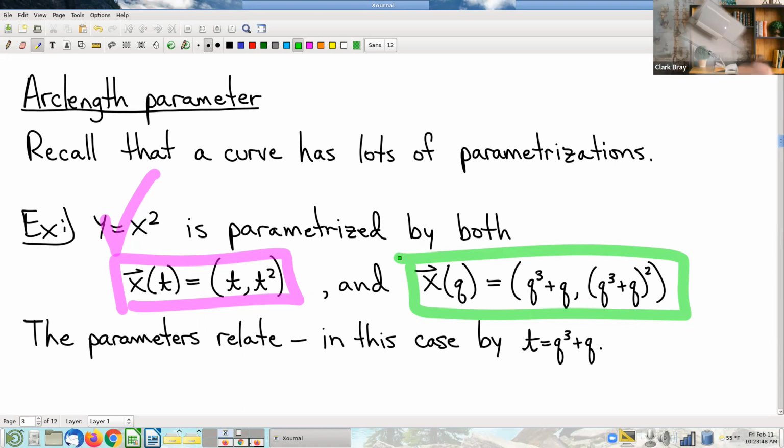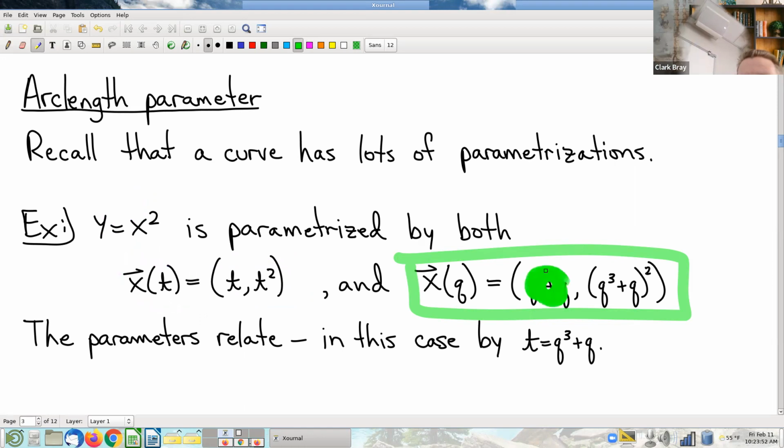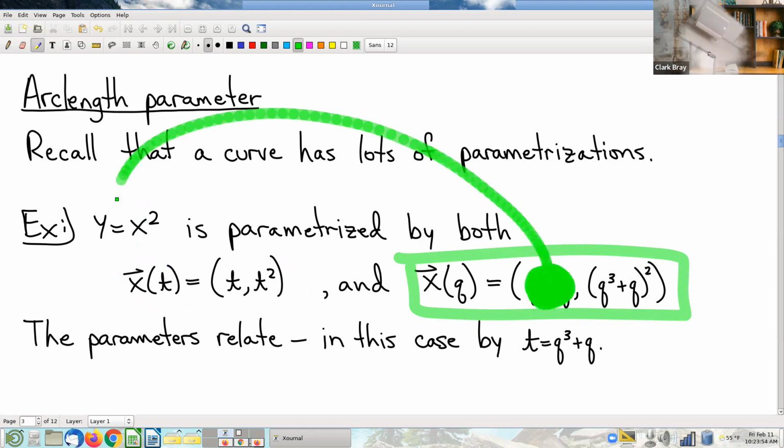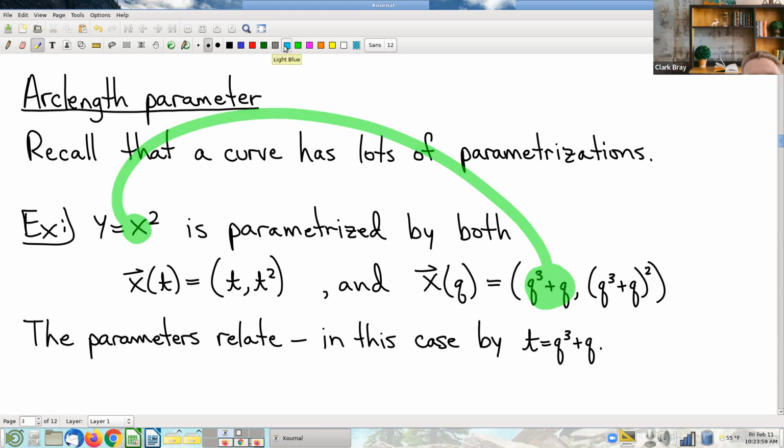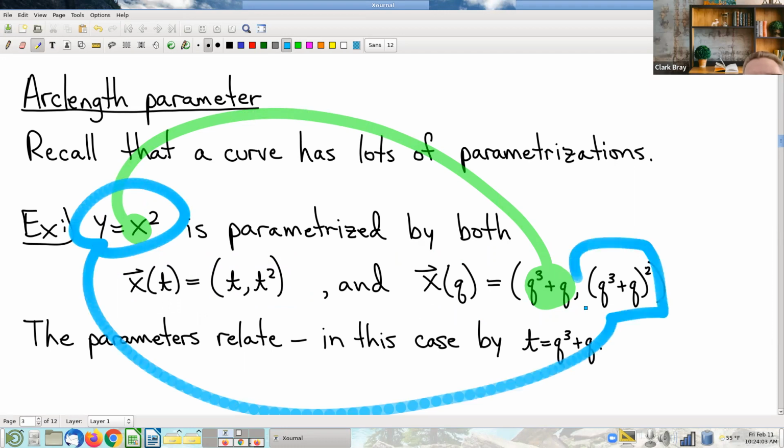Because you can explicitly see that this being my formula for x, then y has to be x squared, which it indeed is. You can see it right there. There it is, x squared. So y is x squared. Parameterization of that curve.